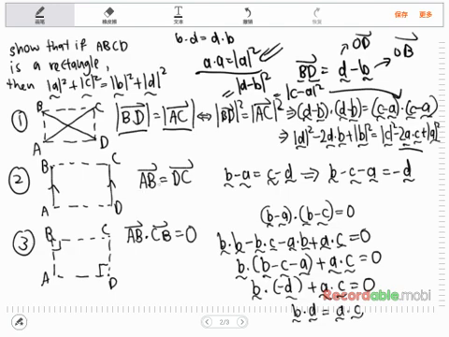So AB is just second one minus first one, so B minus A. DC is second one minus first one, so C minus D. So that implies that B minus A equals C minus D, so B minus C minus A equals minus D. Why I do this is because I need it for the later part. I will have this B minus C minus A, I want it to become B minus D.